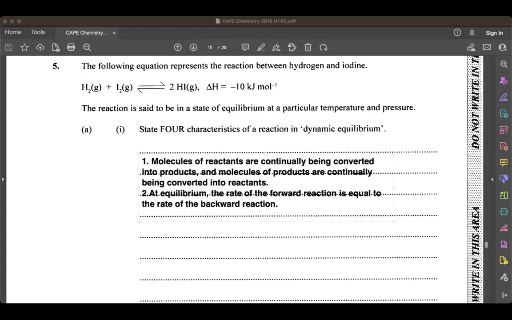And the other one, number 3, says that at equilibrium, the concentration of reactants and products do not change. So those are constant.